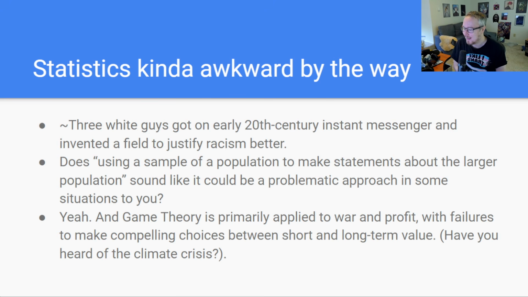Yep. And game theory is primarily applied to war and profit, with failures to make compelling choices between short and long-term value. Have you ever heard of the climate crisis? How does game theory say that we should approach the climate crisis? Game theory has lengthy articles about how the climate crisis will kill us.